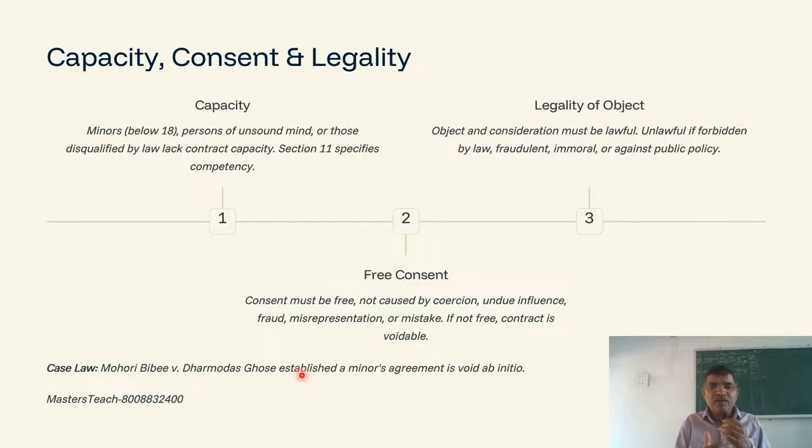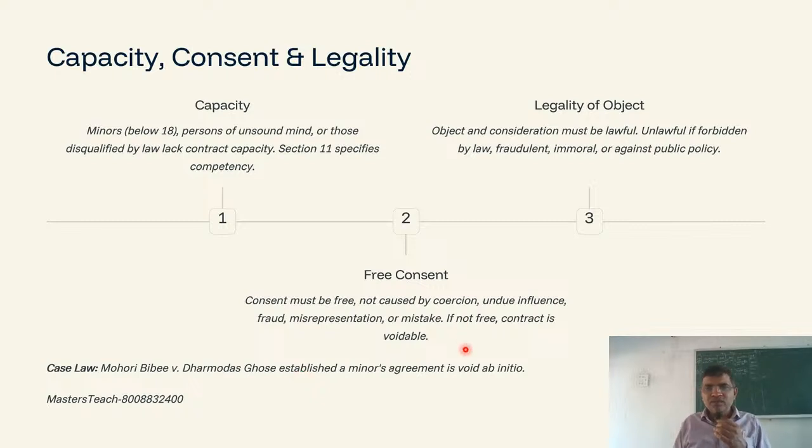It should be a competent person. Then free consent: there should not be any force. It should be entered into by free will, not caused by coercion, which means force. Undue influence, fraud or misrepresentation, giving misguidance or mistakes. If consent is not free, the contract is voidable, meaning it can be cancelled.